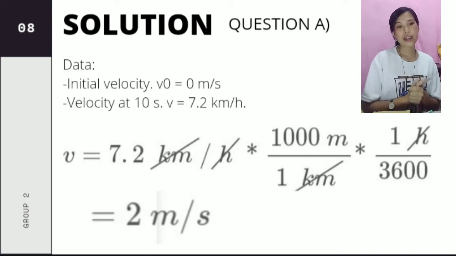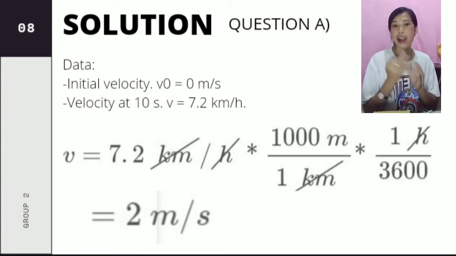So we have here V sub O equals 0, which is the initial velocity, and V equals 7.2 kilometers per hour, which is the velocity at 10 seconds. So here, the movement can be broken down into phases. A first phase in which the acceleration is positive, wherein a is greater than 0, and the second where the acceleration is negative since he is braking, so a is less than 0.